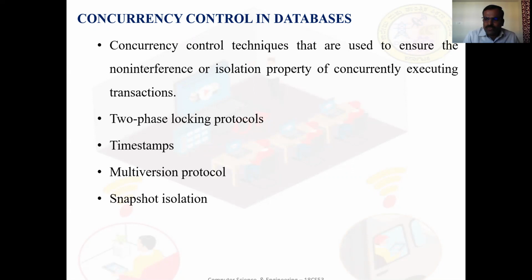Timestamp values are generated in the same order as the transaction start times. Concurrency control protocols that use timestamp ordering ensure serializability. Multi-version concurrency control protocols use multiple versions of a data item.